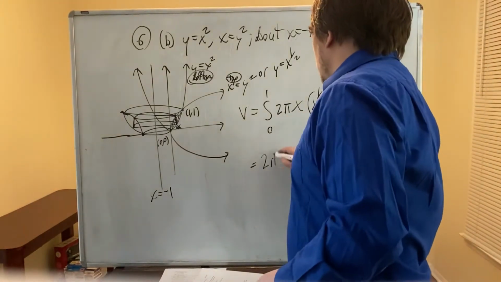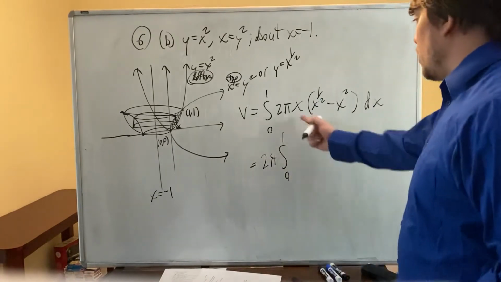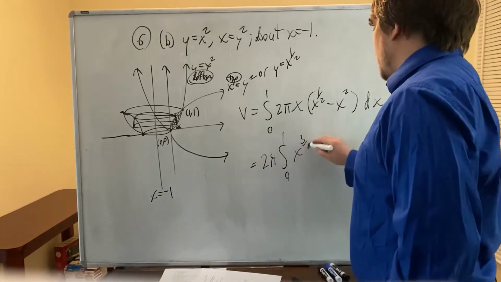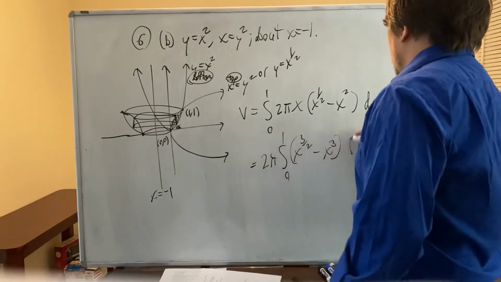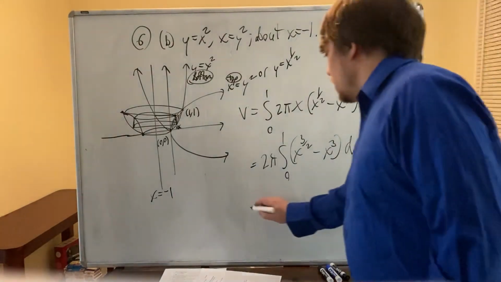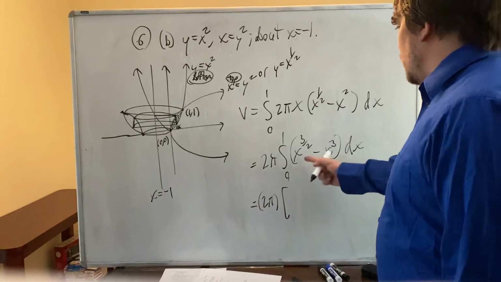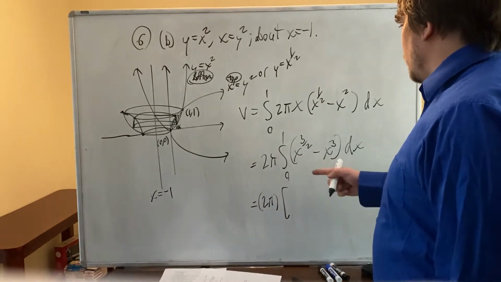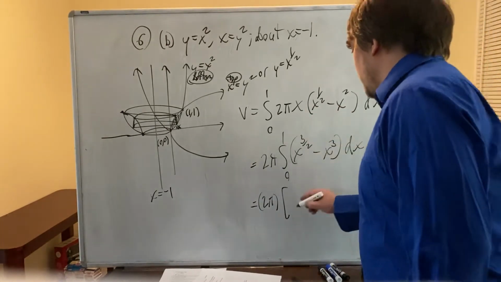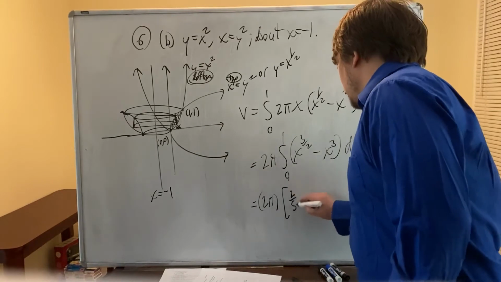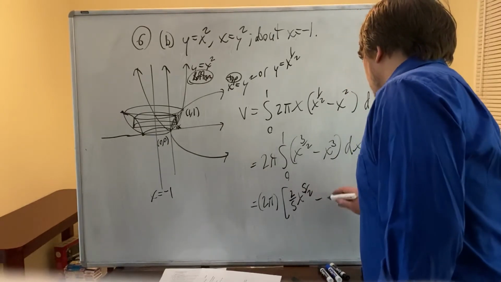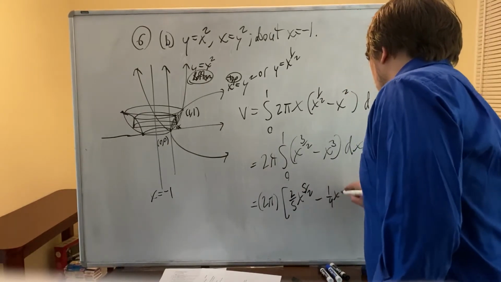This is equal to 2 pi times the definite integral from 0 to 1. Multiplying by x, you get x to 3/2 minus x cubed, dx. This is equal to 2 pi times the definite integral. An antiderivative of that is 2/5 x to the 5/2 minus 1/4 x to the 4th.